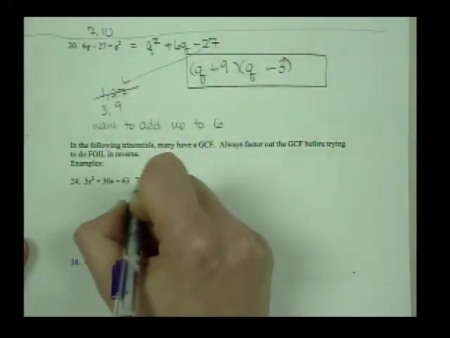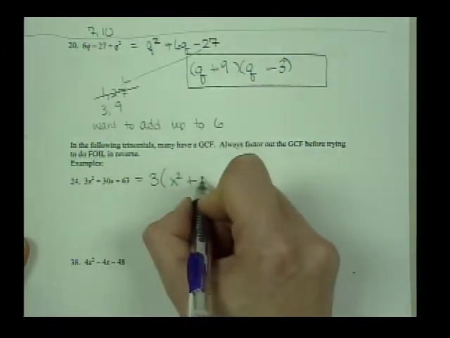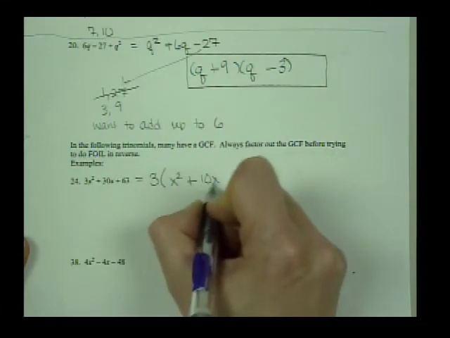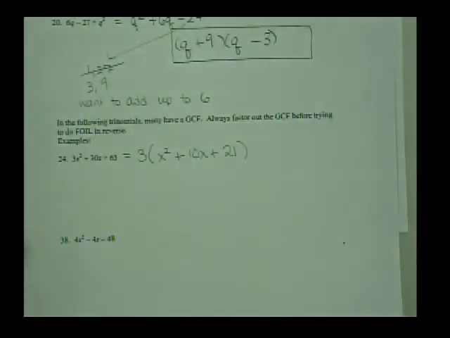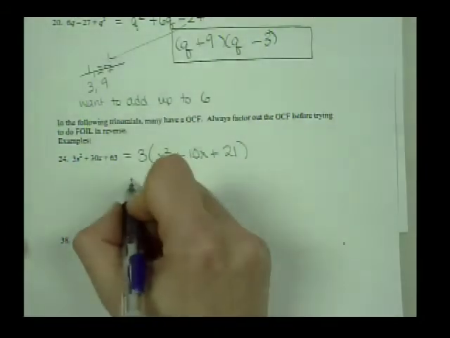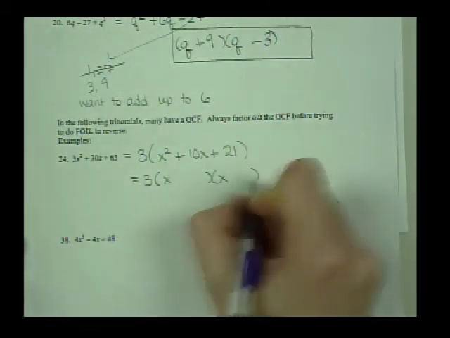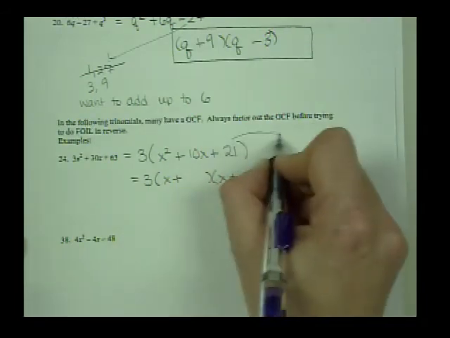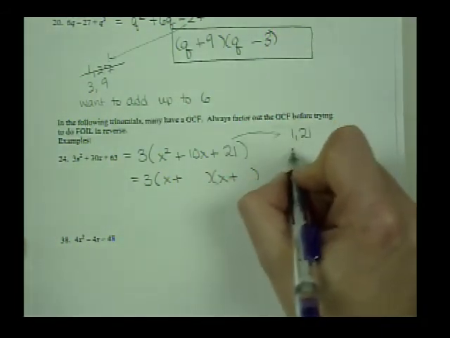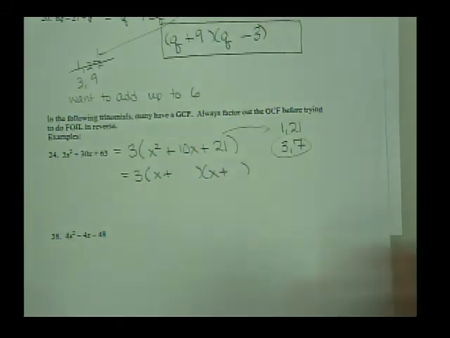So if we factor that out, then it's just x squared plus, what, 10x plus 21. So now it's just plain old x squared. So x, and everything's positive. And the only ways to factor 21 are 1 and 21 and 3 and 7. And we want our factors to add up to what? 10. So 3 and 7 add up to 10.